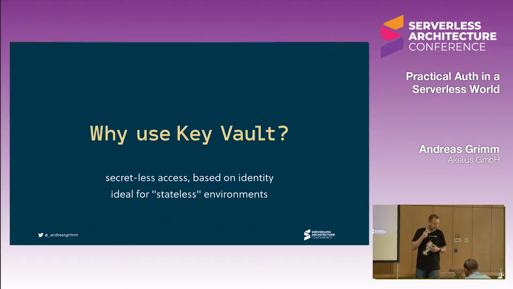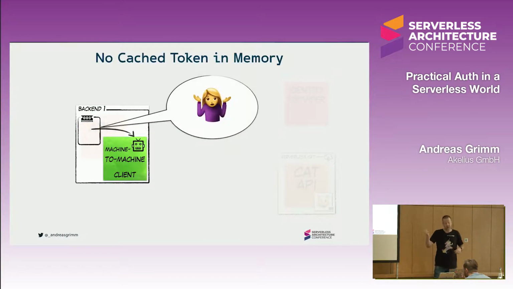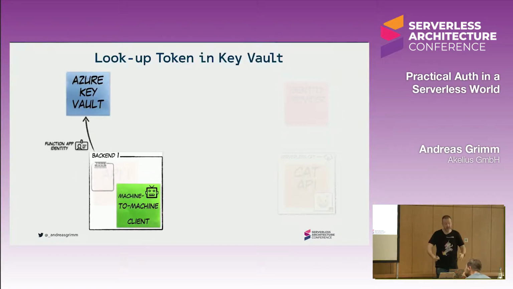And Key Vault provides this secretless access, this first access based on the identity of the consumers. And it is ideal for stateless environments, like, quote, stateless, what most claim this serverless world or those functions as a service are. So we would look up a token in memory, because we first cache it in memory.